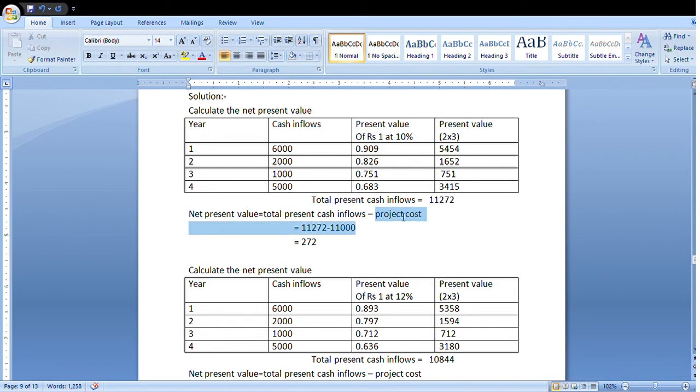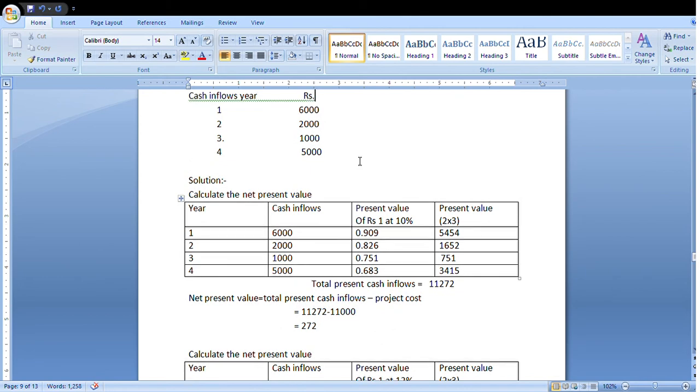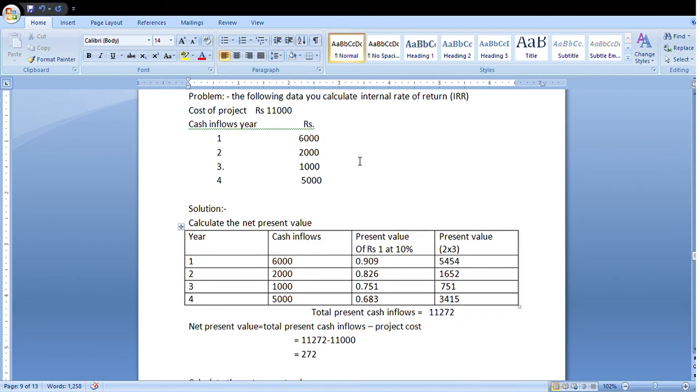Project cost is given in the problem. This is equal to a net present value of 272. It is a positive value.